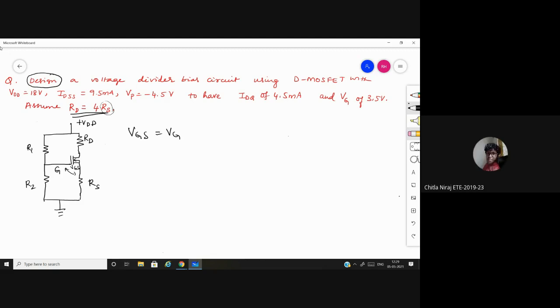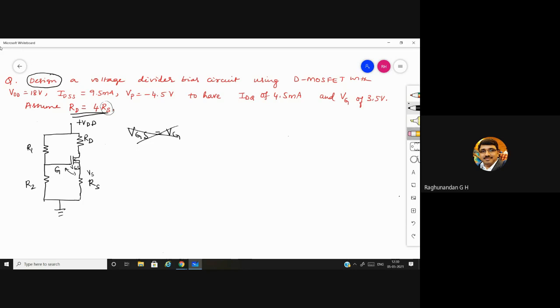No, sir, it is VS, because the source is not grounded. Suppose this source was grounded directly, then we would have taken VGS equal to VG. But the source has some resistance, so obviously there will be some voltage drop.